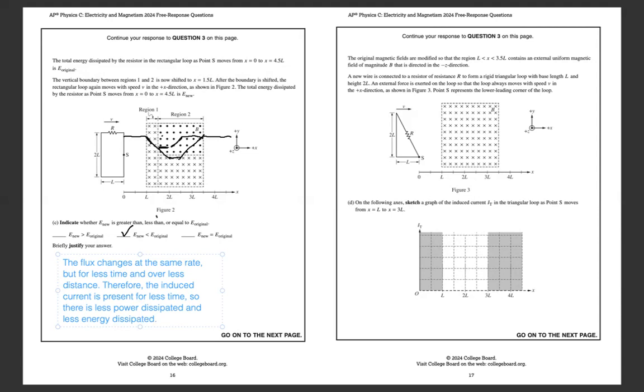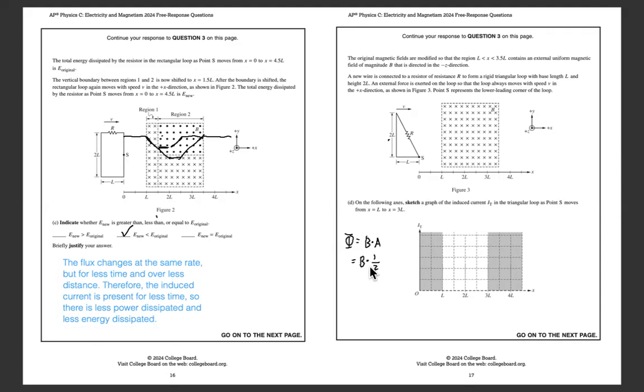Original magnetic fields are modified. Oh no, there's a triangle. Sketch the induced current. I don't want to. Okay. Flux as a function of time, B times A. Area of a triangle is 1/2 base times height.